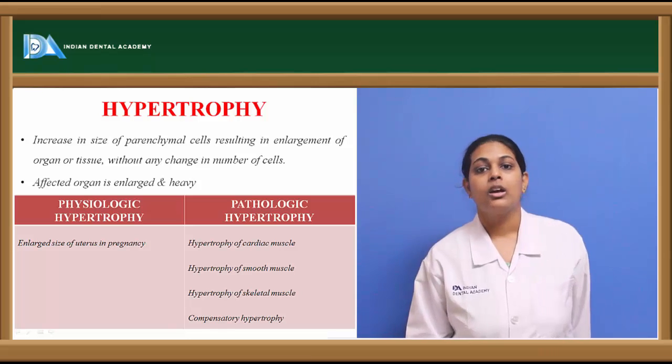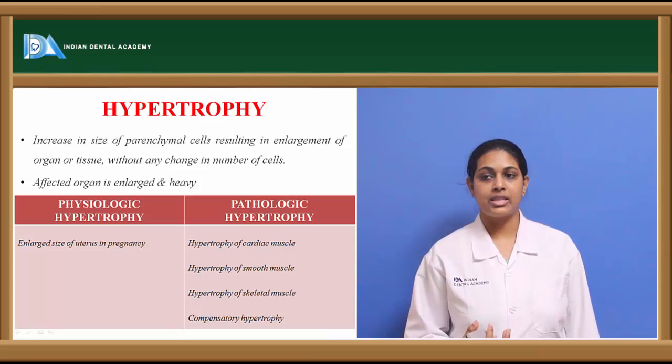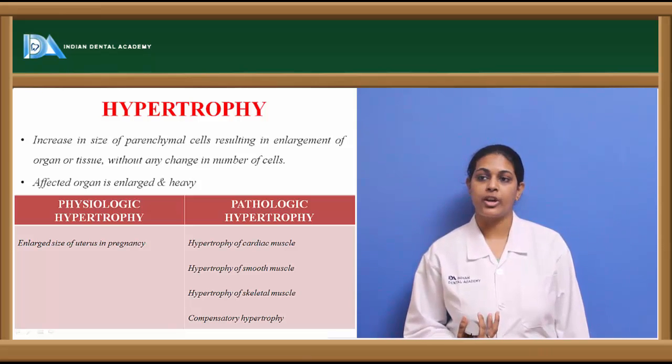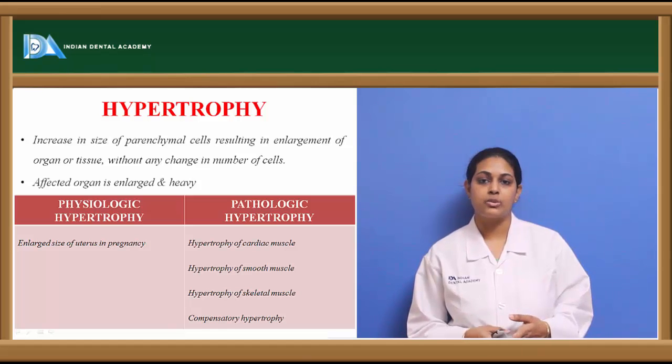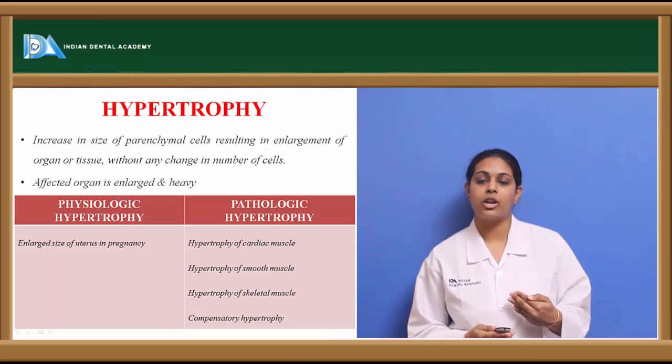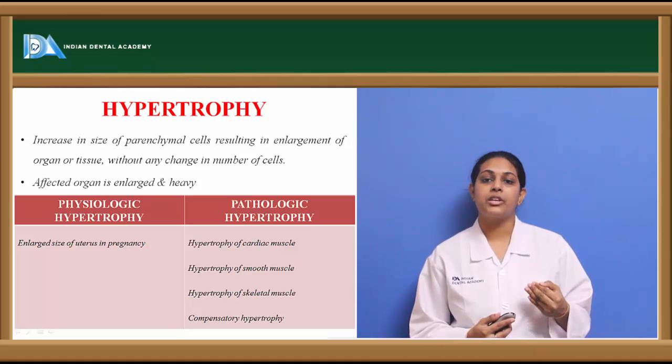Coming to the pathological hypertrophy, hypertrophy of the cardiac muscle can be one of the illustrations, as well as hypertrophy of the smooth muscle. Hypertrophy of the skeletal muscle can also be given, as well as compensated hypertrophy.